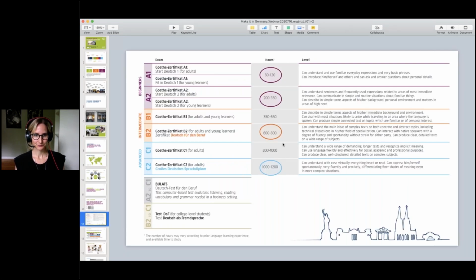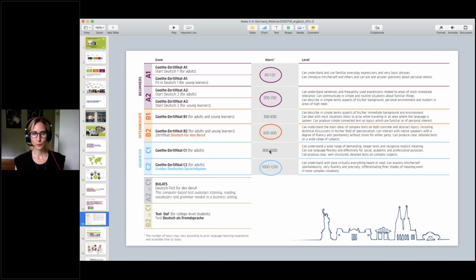We have here an overview. I know it's a lot to look at, but I circled in the numbers. We have an overview to give you an impression how long it takes, on average, of course, to learn German to be able to do the B1 level. And as you can see, the A1 level is a beginner's level, A1 and A2.